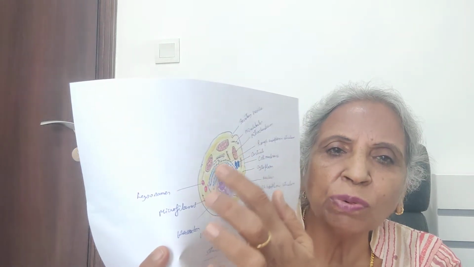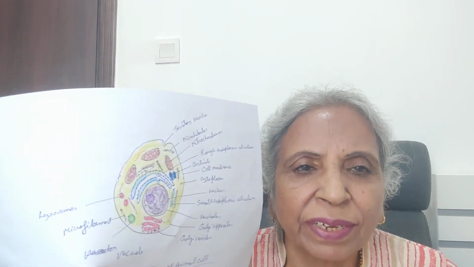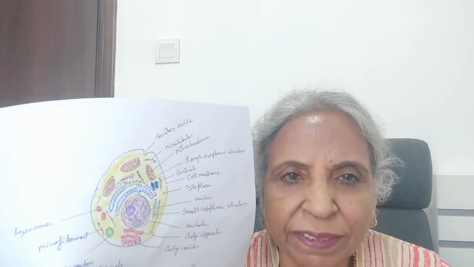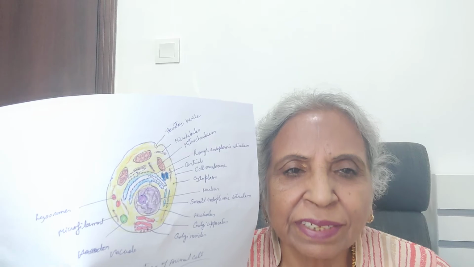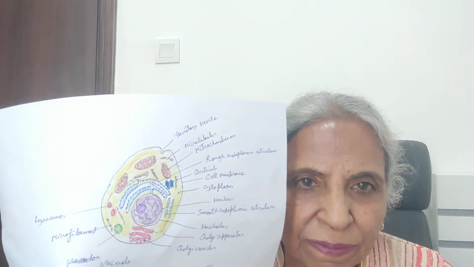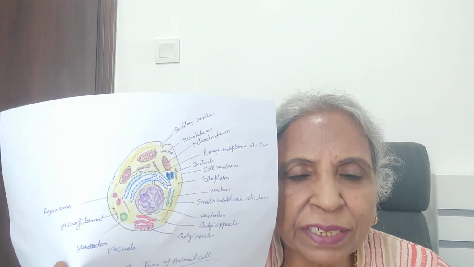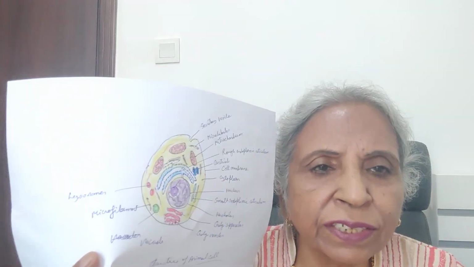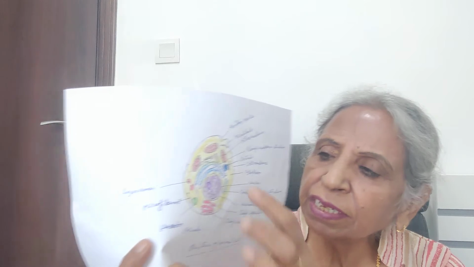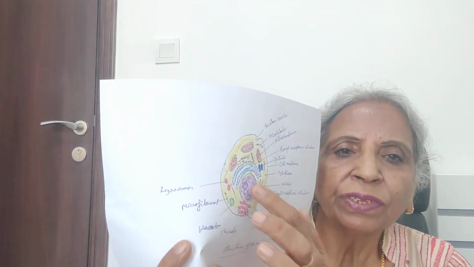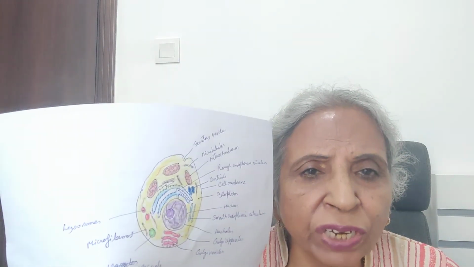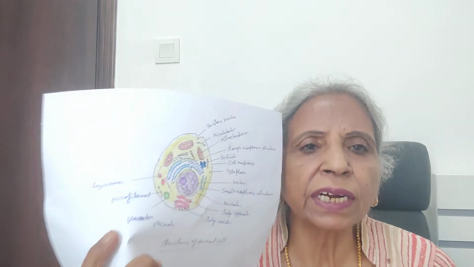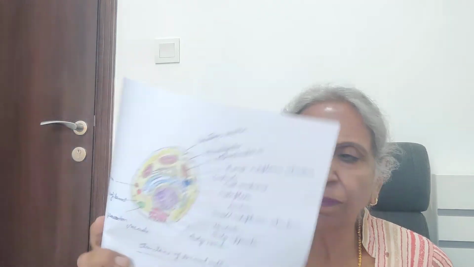The upper outer layer is bilayer and porous, which is called the nuclear membrane. Inside the nucleus, there is a dense round structure, which is called the nucleolus. Inside the nucleus, there is also a network of thread-like structure, which is called the chromatin material.